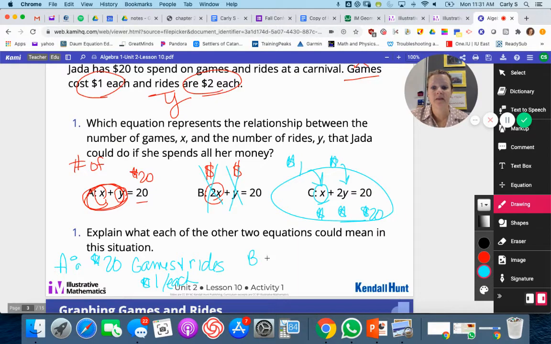And then B, Jada spent $20 and games are $2 and rides are $1. Okay, that's what it could represent. It doesn't represent our problem, but it could. And then C is the correct one.